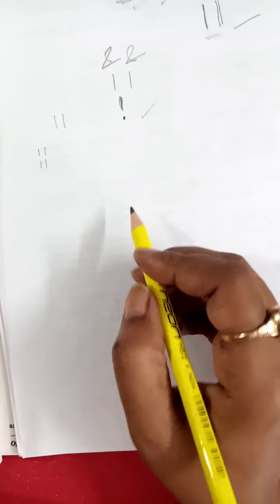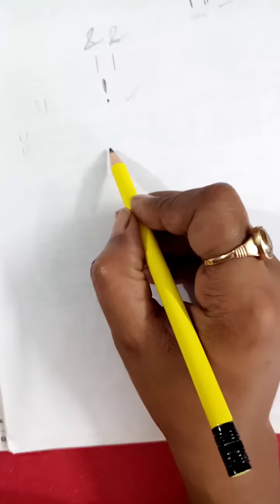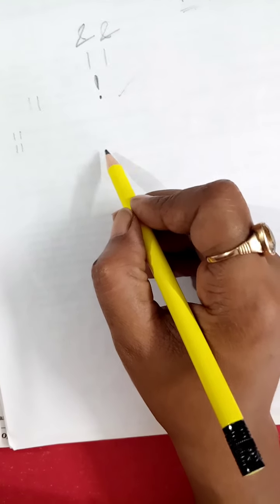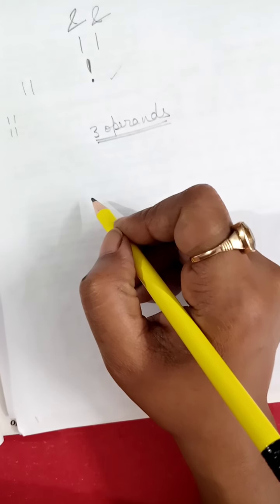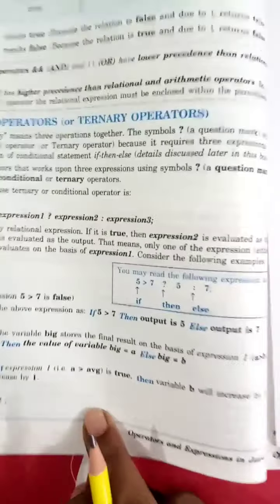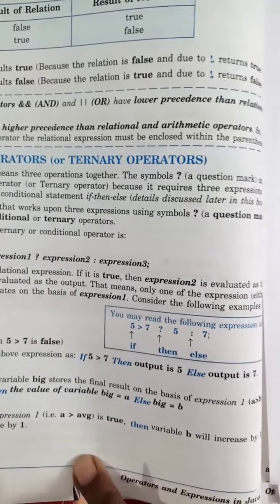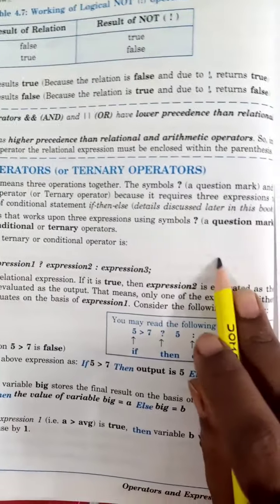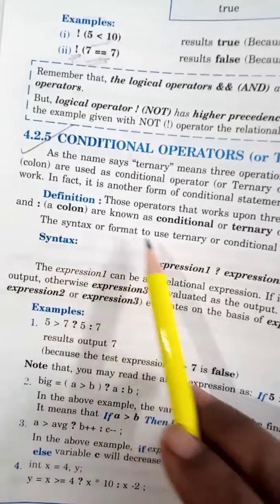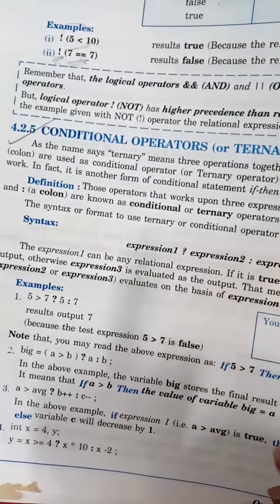Now the ternary operator acts upon three operands. The operators that work upon three operands using the symbols question mark and colon are known as conditional or ternary operators.